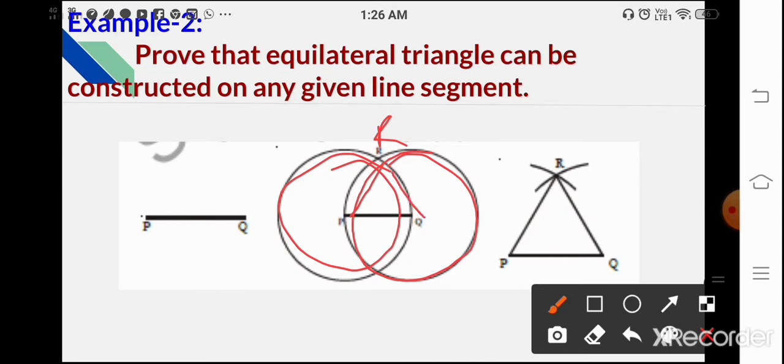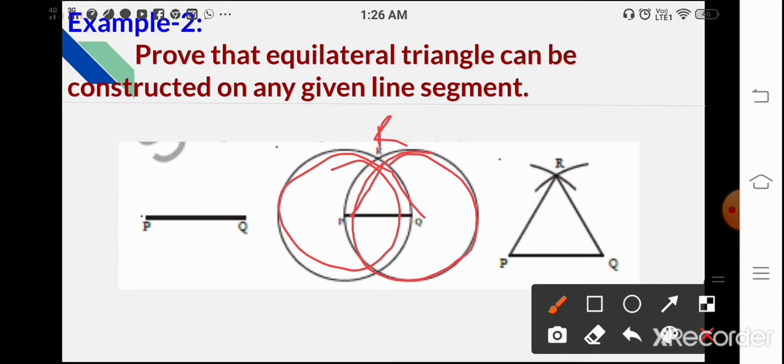Then a triangle PQR is formed, which is an equilateral triangle. Why? Because PQ is the radius of circle 1 and circle 2. PR is the radius of circle 1.